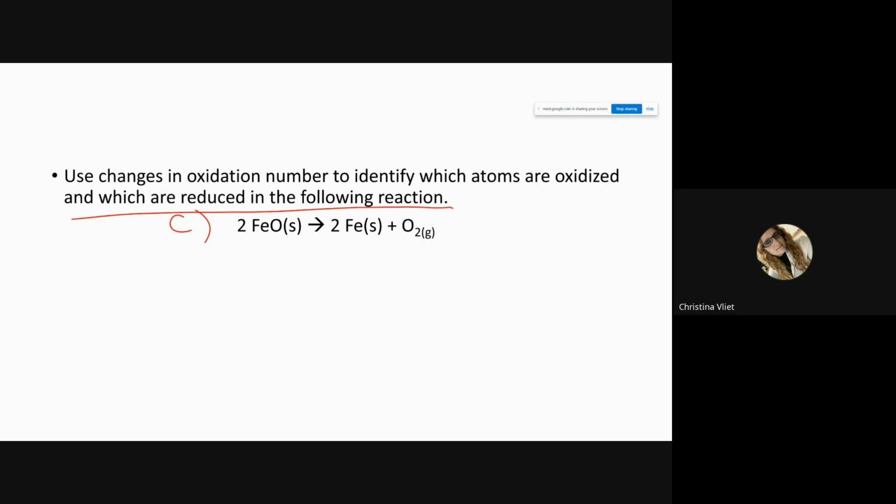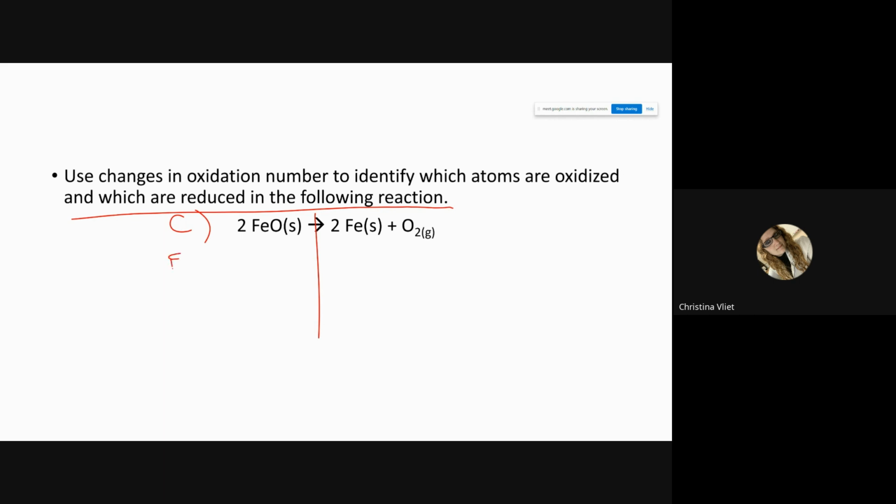Following the process again, put a little line where you have your arrow. And then you're going to get the charges of your elements on your reactant side and the charges of your elements on your product side. We call those charges oxidation numbers because sometimes they're official charges if it's ionic compounds, sometimes they're unofficial charges if it's covalent compounds. Here they'll be official charges because this is all either an ionic compound or an element.